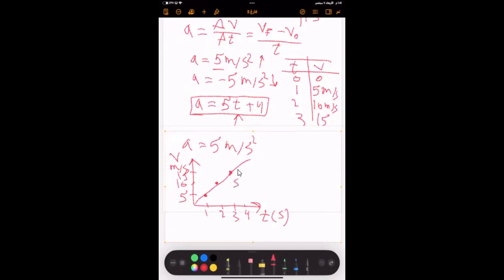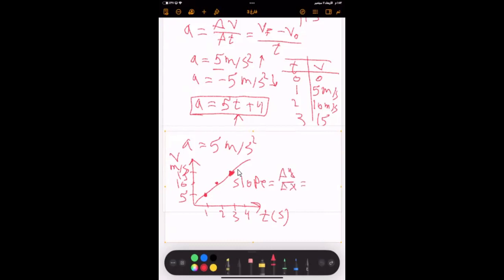What is the slope of this line? To calculate the slope, we take any 2 points on the line. The results will be the same. For example, take this point and this point. The slope equals delta y over delta x.